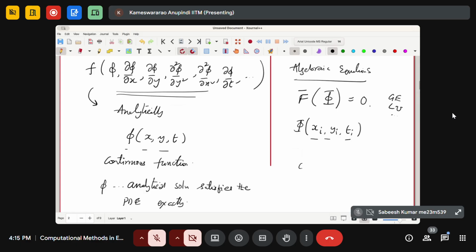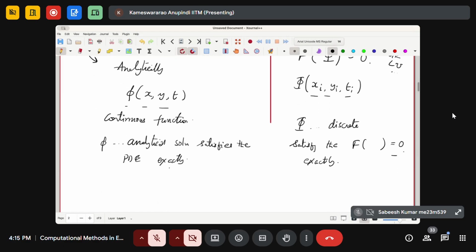Similarly, the approximate solution, that is the discrete solution, which I have denoted using capital phi, is going to satisfy the algebraic equation, that is F equal to 0, exactly.